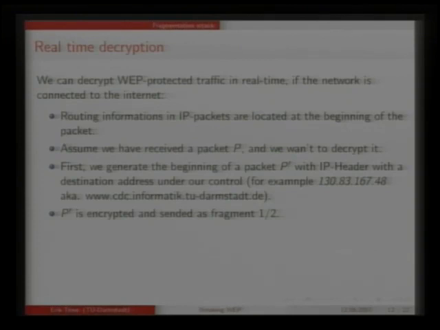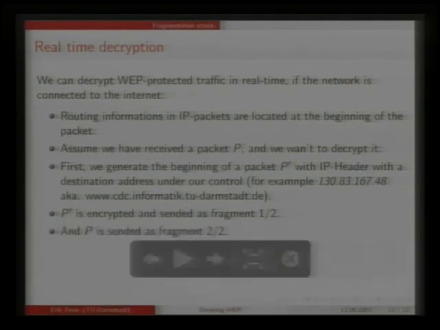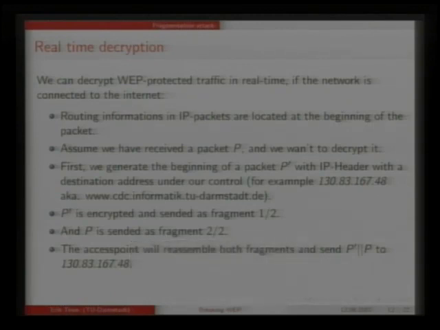And then we send this packet, which is just the beginning of a packet with routing destination our web server, and we can then send another captured packet we have received on the network as fragment number 2. So what happens is the access point will take both fragments, build a single packet out of these, and send that over the internet to us.